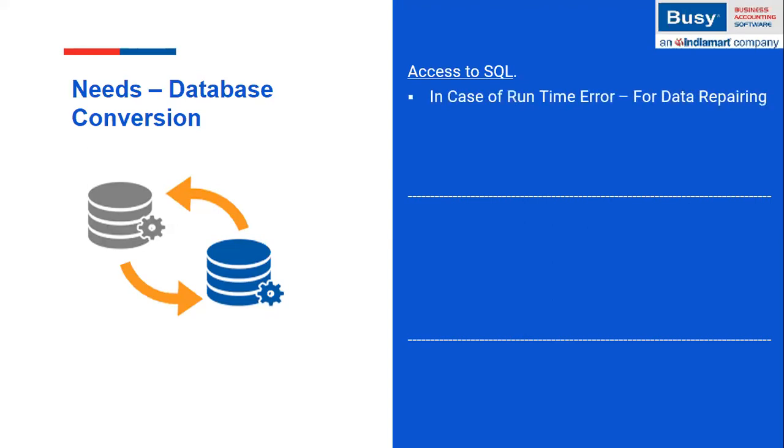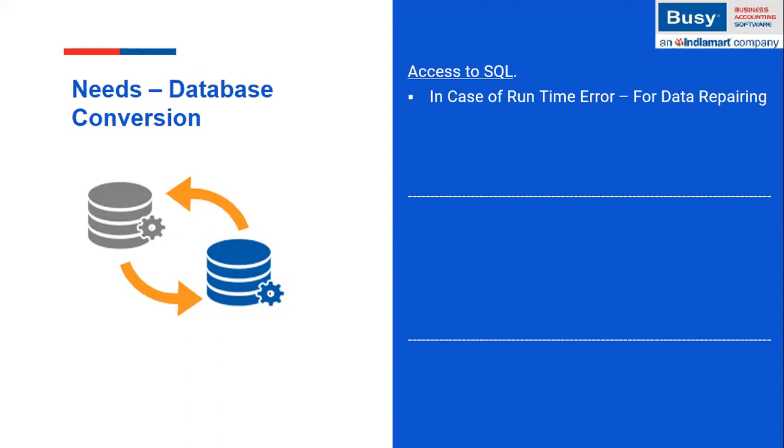First reason is in case of runtime error, for data repairing. Let me give an example. Suppose your company is running in Access database and a runtime error is coming in the company, and you have already run all the utilities like rewrite books, reindex database, update master balance, junk character, and regenerate master file also. You already ran all these utilities, but the runtime error is still coming.